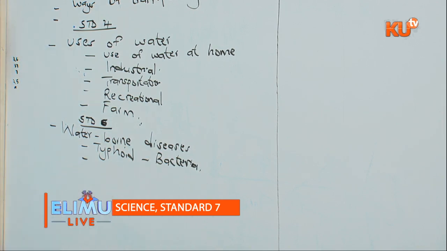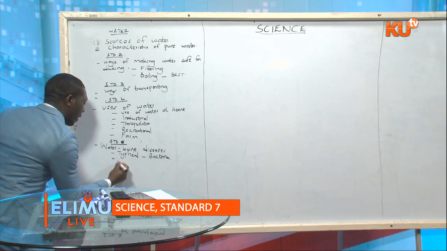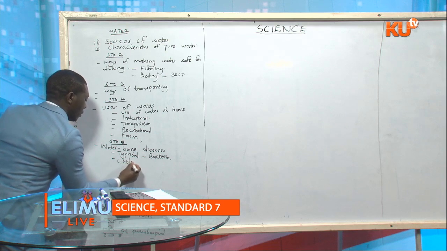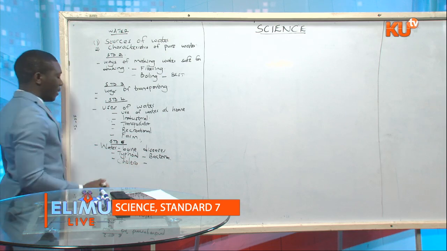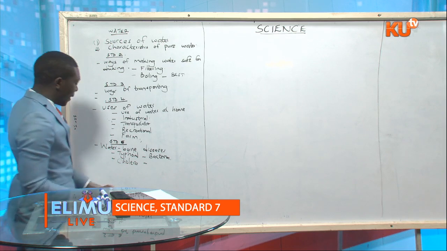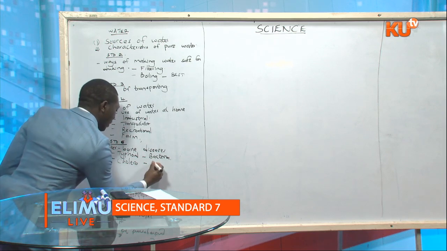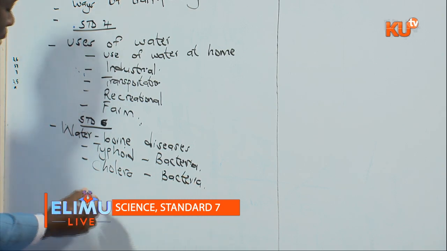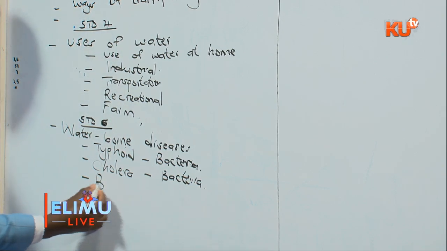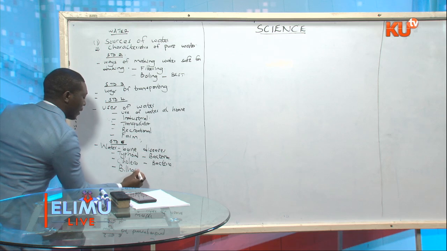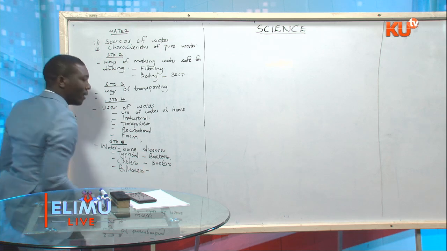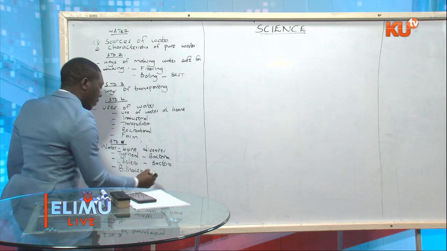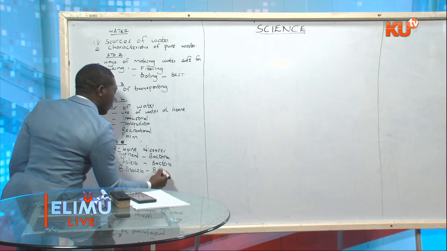Another waterborne disease that is in the syllabus is cholera. The main causative agent again is bacteria. And then lastly, the one that is in the syllabus is bilharzia. The causative agent, we call them bilharzia flukes or bilharzia worms.